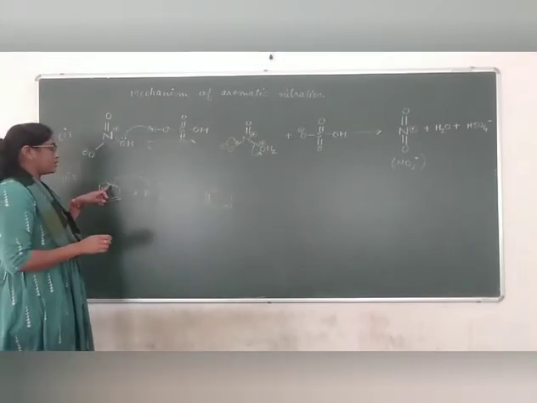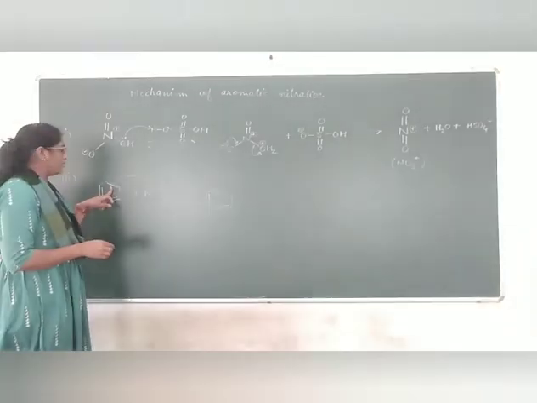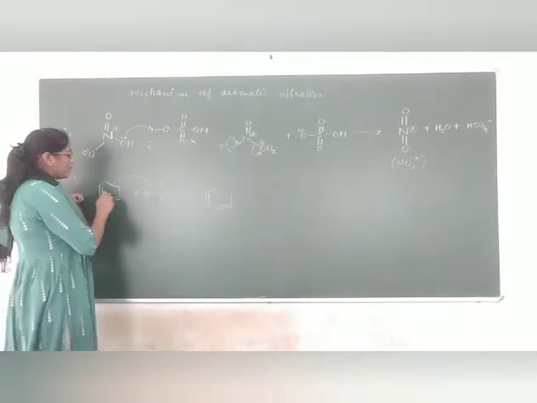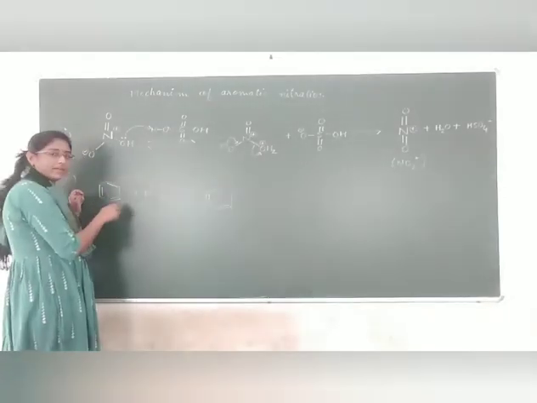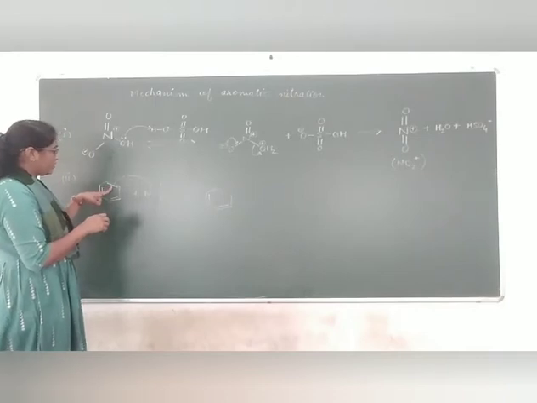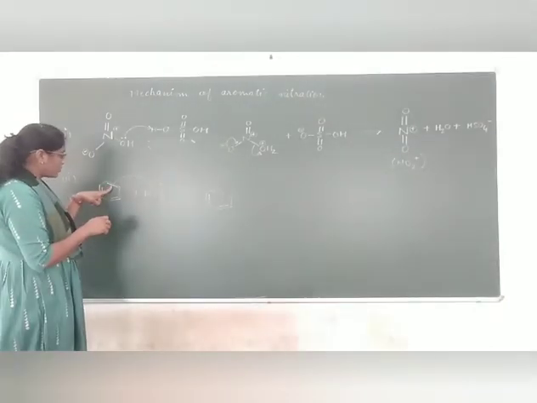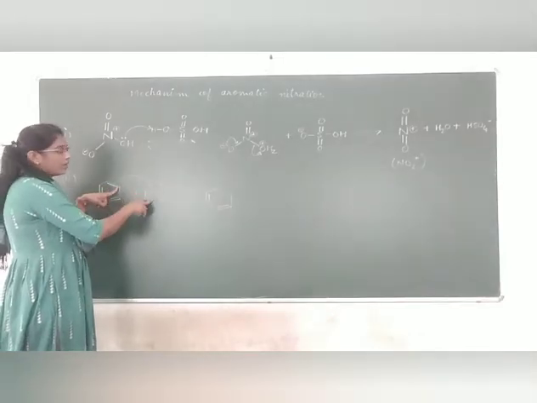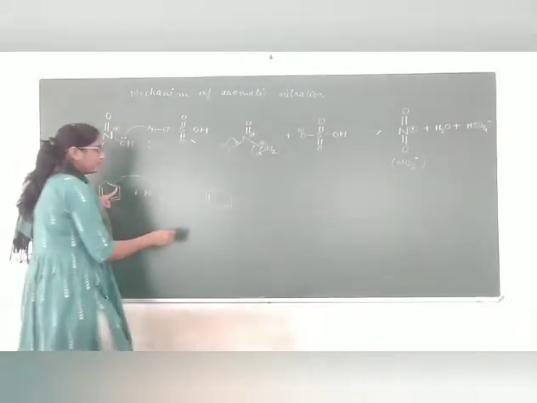This bond is breaking during nitration. Whatever bond you can take for an example, because all are the same, right? In benzene, here I am taking this one. This bond breaks over here, and the negative carbon will attack the nitro group.